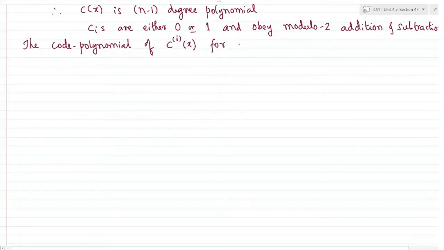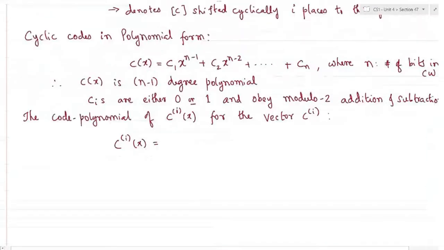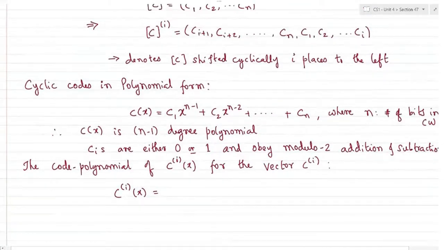So for the cyclically shifted vector C(i), it can be written as C(i) of x, which will be equal to, as I have told, the ith shifted position will have the coefficients Ci plus 1, Ci plus 2, and running up to Ci, and hence this can be represented as Ci plus 1 x^(n-1) plus Ci plus 2 x^(n-2), because we know that the original code has degree n minus 1.